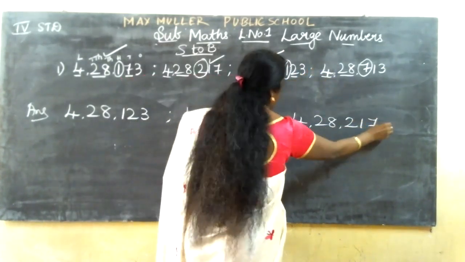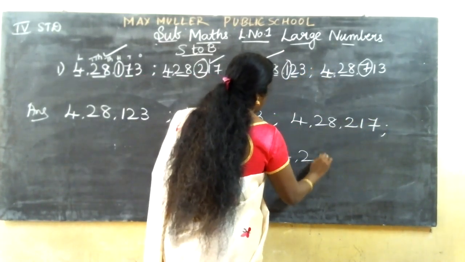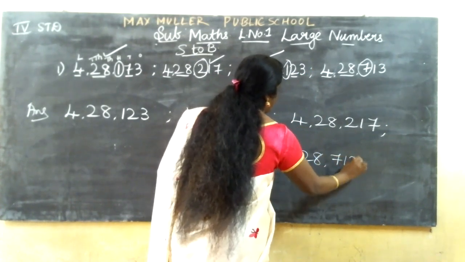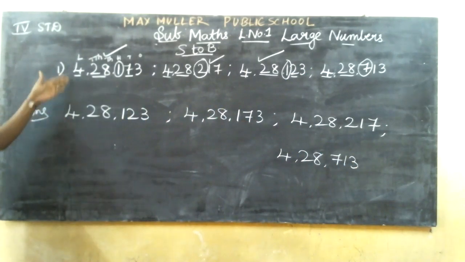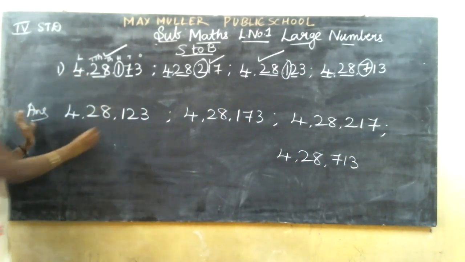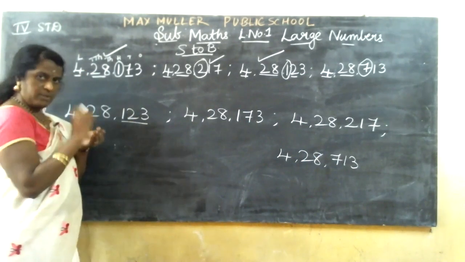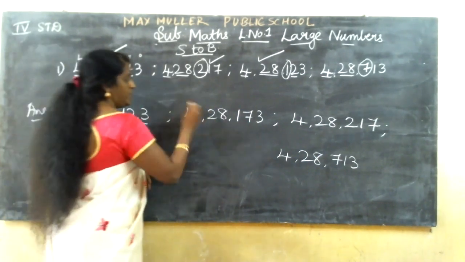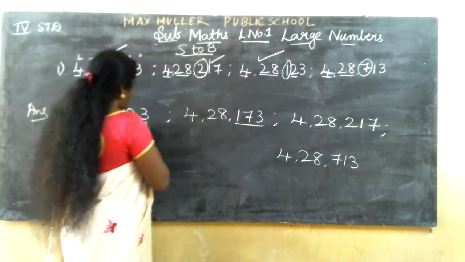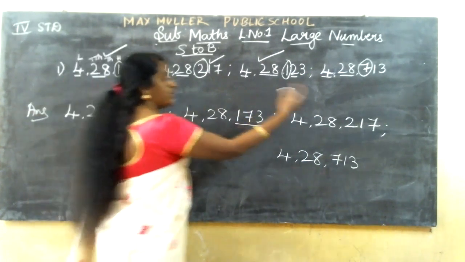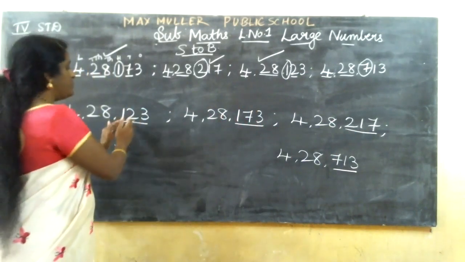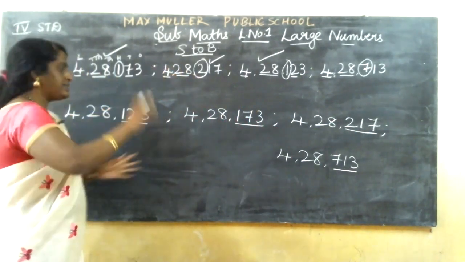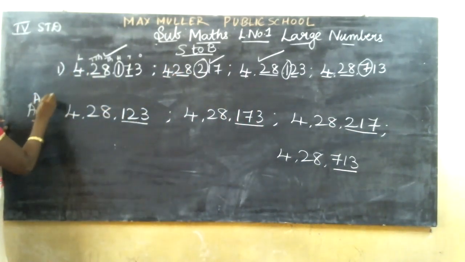Last only one number: 4,28,713. Understood, no, children? If 4, 4 are the same and 28, 28 are the same, see, 123 is the small number. Next it will be increasing: 123, 173, 217, 713. So from small to big, this is ascending order.